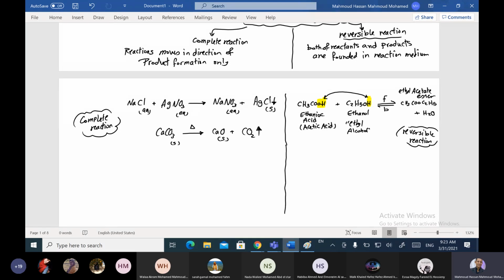If we put it in a graph between concentration and time, at the start of the reaction we find the concentration of the reactant at 100%, and at the end it reaches zero. This is the reactant. But for the product, it starts from zero until it reaches 100. This is the product.